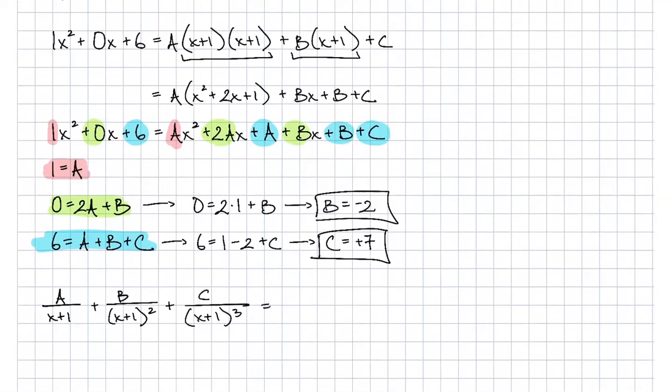And now when we plug in our numbers, we should get 1 over x plus 1 for the first fraction, minus 2 over x plus 1 squared for the second fraction. And it's a minus 2 because my b value was a negative 2, so instead of plus negative 2, I'm going to write it as minus 2. And then plus 7 over x plus 1 cubed.